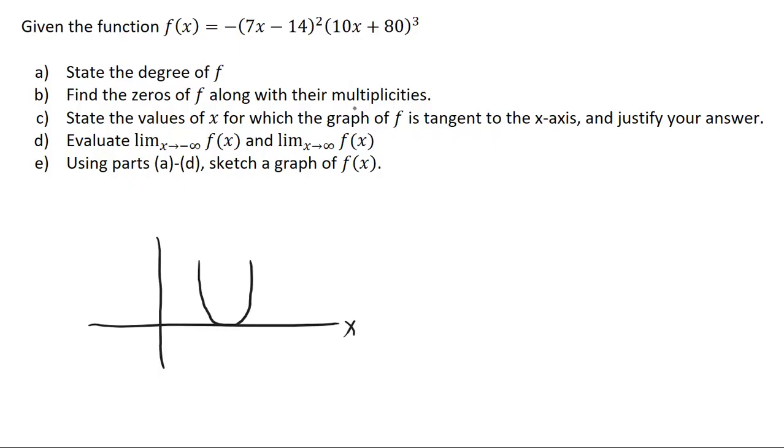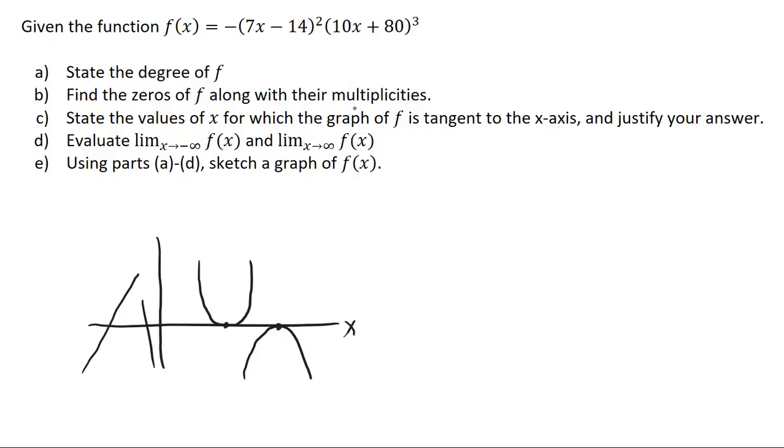Because if you remember, when there's an even multiplicity, you can also look at that, by the way. It doesn't cross the x-axis. When there's an odd multiplicity, it crosses. You look like that or that. That's how it's related to part B. So state the values for which the graph is tangent to the x-axis. So when it touches the x-axis, it's a 0, clearly. But if it doesn't cross, then that's when it's tangent.